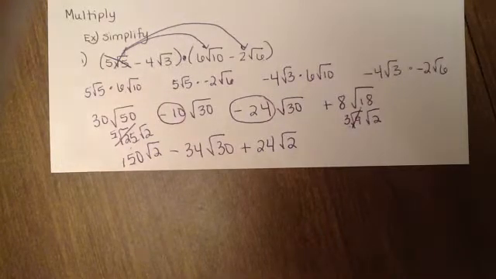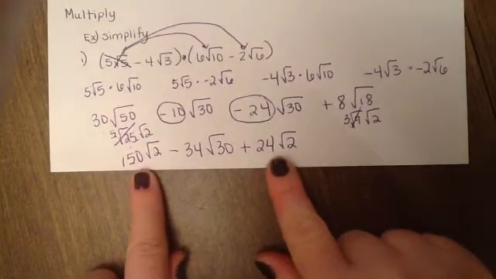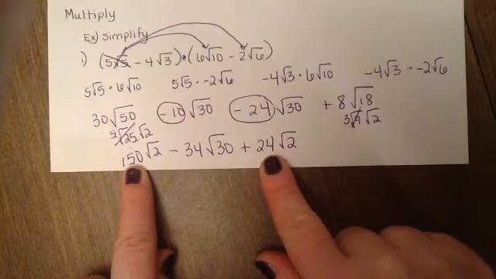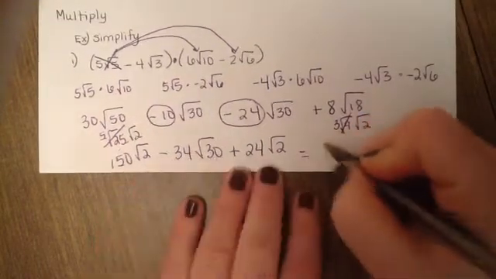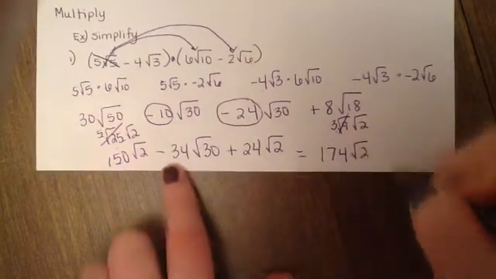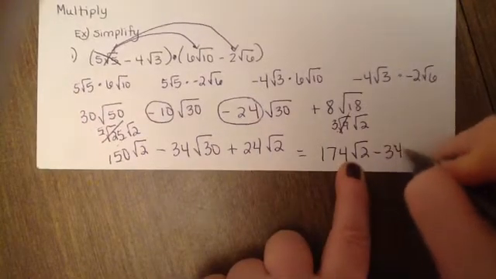I'm almost done. What do you notice here? Two pieces match. They both have root 2. So 150 plus 24 is 174 root 2 minus 34 root 30.